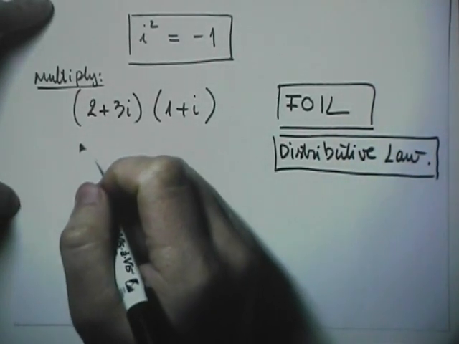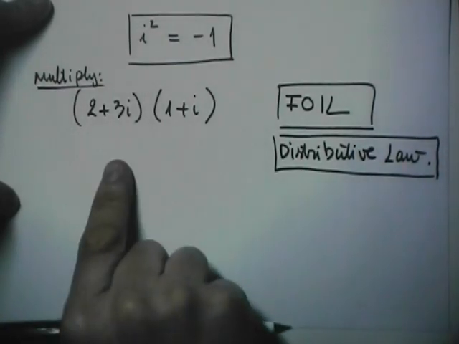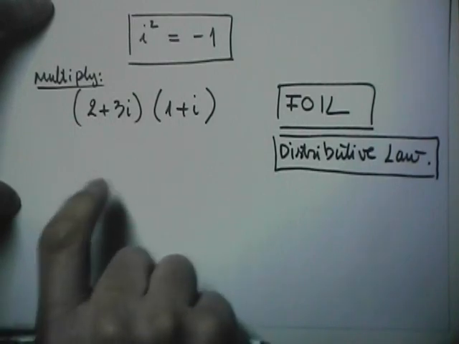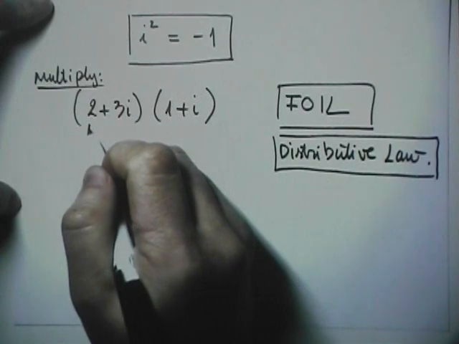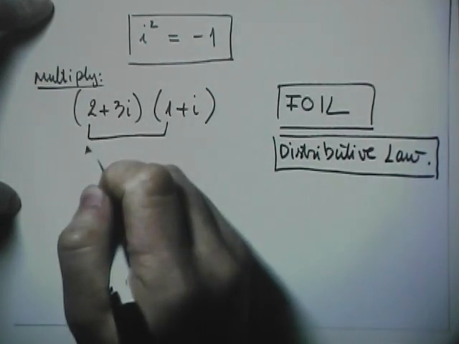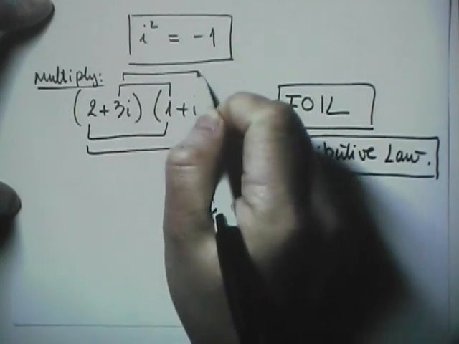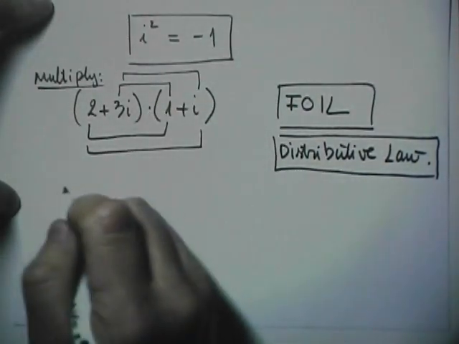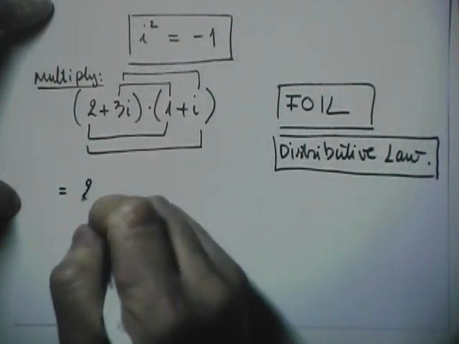Remember how to do FOIL? We spent almost half of the semester learning how to do FOIL. So at this point, I really expect that you know how to FOIL properly. FOIL: first, outside, inside, last. So to multiply these two, first terms multiply together. 2 times 1 is 2.